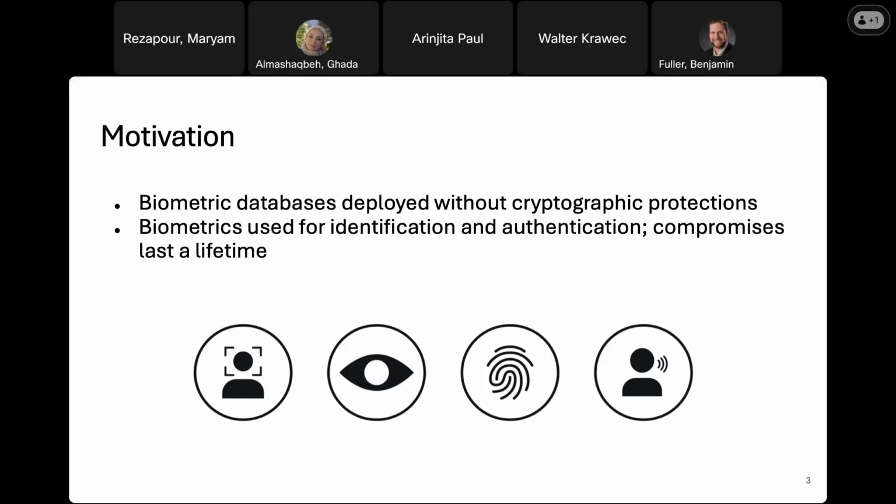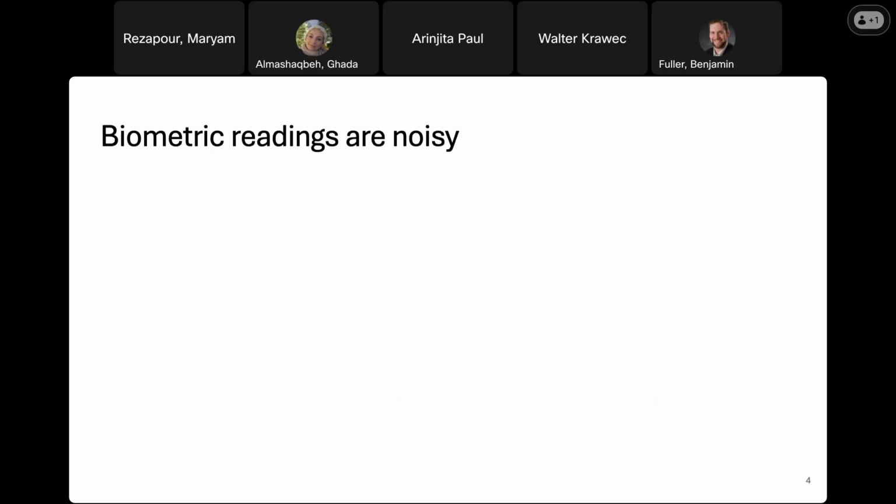One of the main properties of biometric readings is that they are noisy. So a further reading of one biometric might be different from the initial one because of some environmental situation.